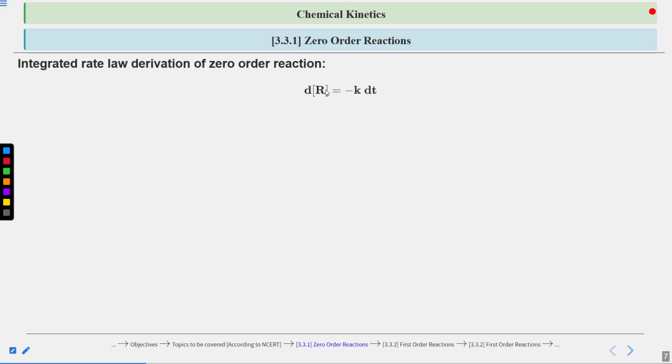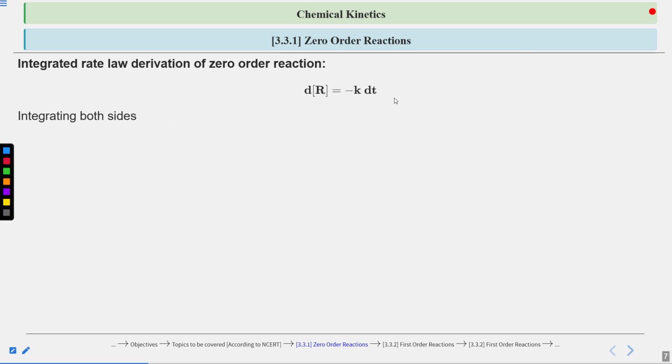Now dR is minus k dt, right? If you integrate both sides, as we are discussing the integrated rate law derivation of the zero order reaction, we have to do the integration.